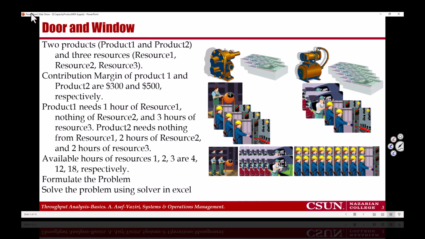We produce some products, we conduct some activities, and then we need some resources, and we have some constraints on those resources, and we make some profit on each product. A general problem which is also referred to as the product mix problem.